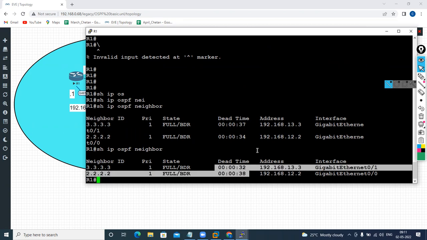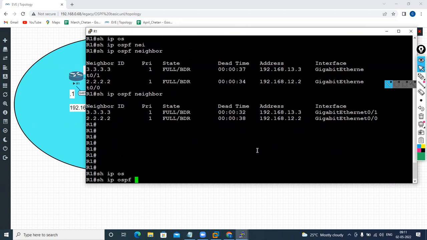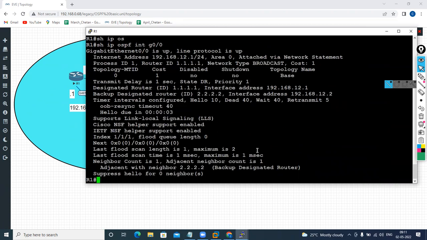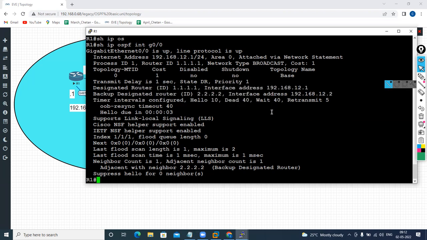By default, it is working on a broadcast network. Check show ip ospf interface. What is the default network type? It is broadcast. What are the timers? Hello is 10 and dead is 40. And the router ID assigned is 1.1.1.1, the interface address. So everything you can see with this command. Clear?